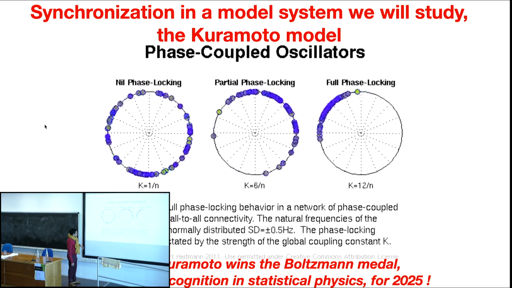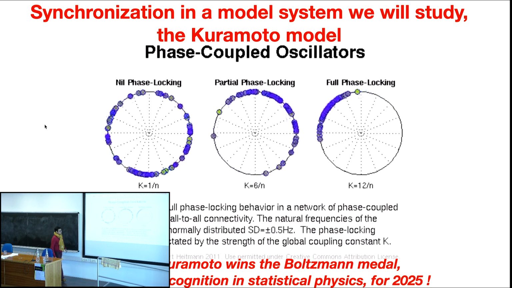And this model was invented by Yoshiki Kuramoto. It was considered a big breakthrough in nonlinear physics. He did it around 1984. And the good thing is that this year he was awarded the Boltzmann Medal. I don't know how many of you know about this Boltzmann Medal.